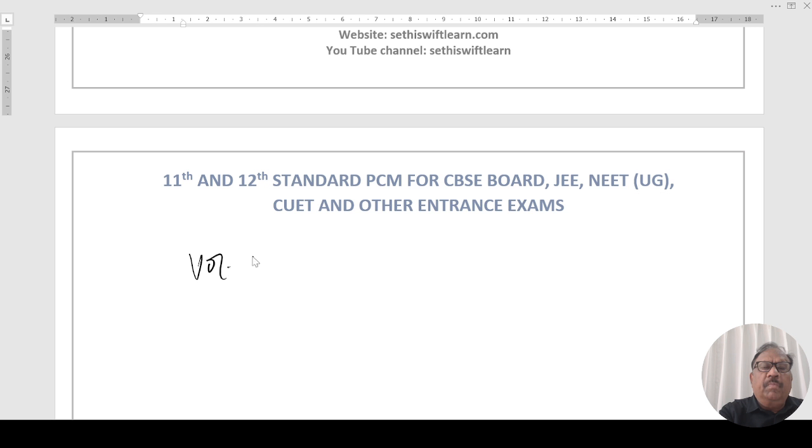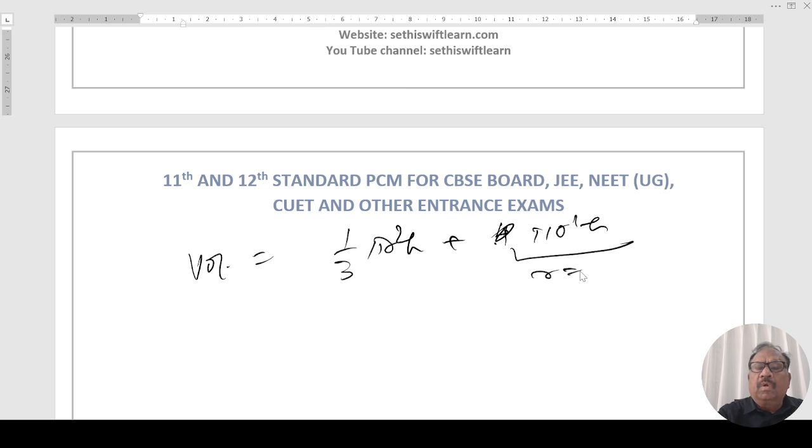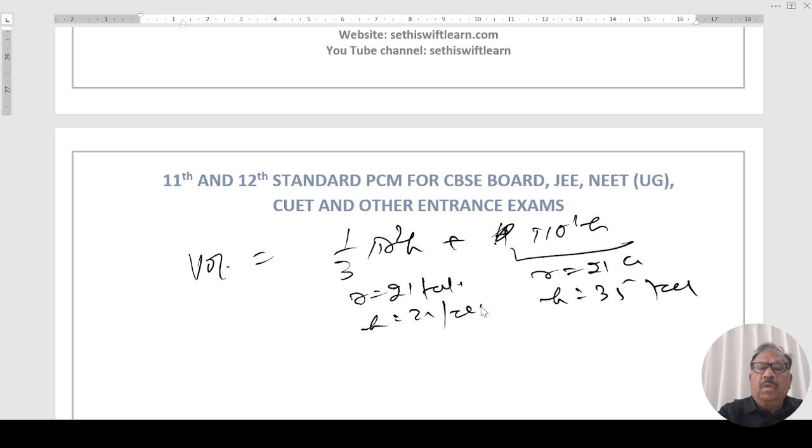Volume will be simple. 1 by 3 pi r square h plus pi r square h. For the cylinder, r is 21 feet, h is 35 feet. For the cone, r is 21 feet and h is also 21 feet.